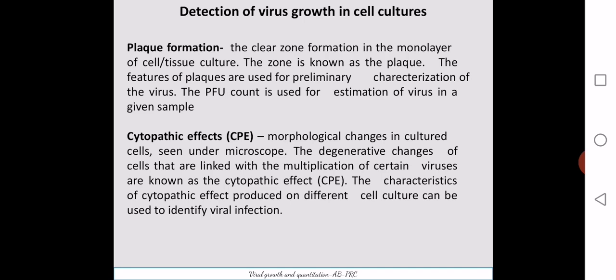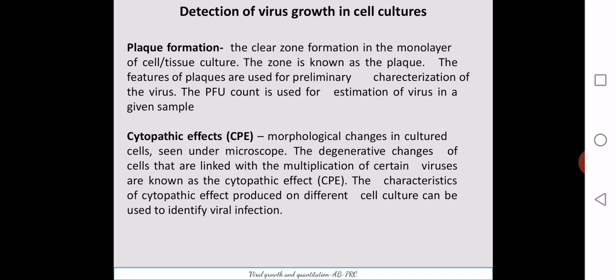And the second one is what we call the cytopathic effect. In certain cases the plaque formation may not be that visible. In that situation, we cannot directly physically detect the presence of viral growth, so we have to go for microscopy.